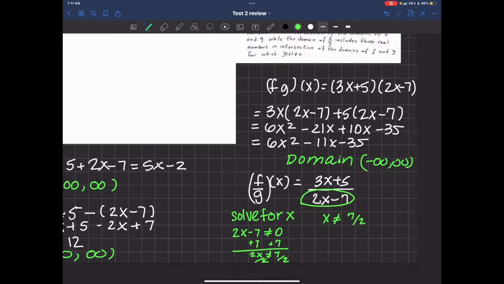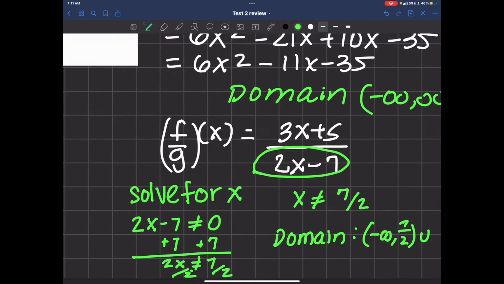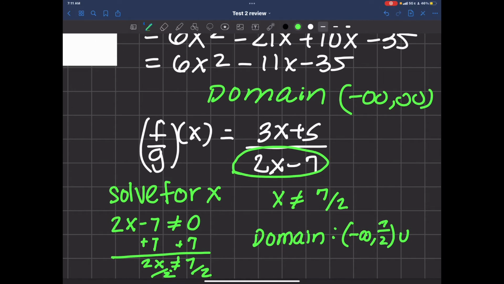So when you make this into a domain, it's going to have a union. So now I say my domain is going to be negative infinity, comma, 7/2, parentheses, union, give myself some space.